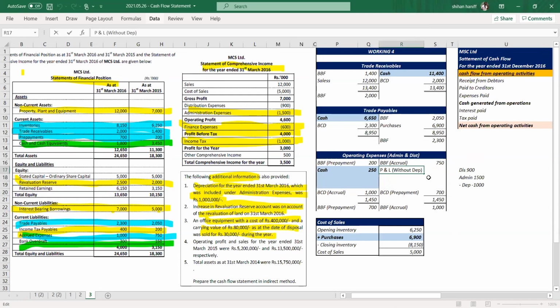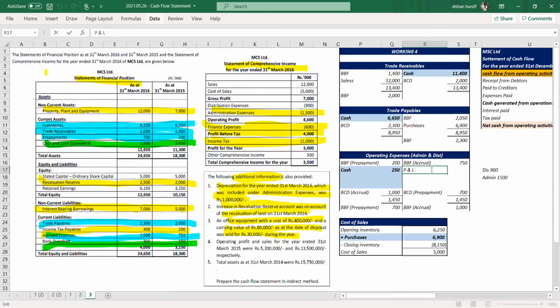I'll take the total expense here, so it will be clear. The total expense we have in the profit and loss: distribution $900, right? Distribution 900, admin is 1000.